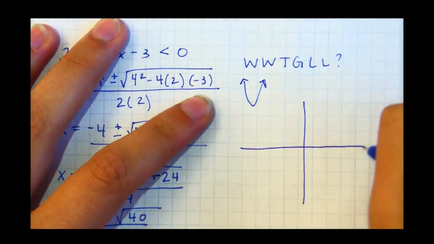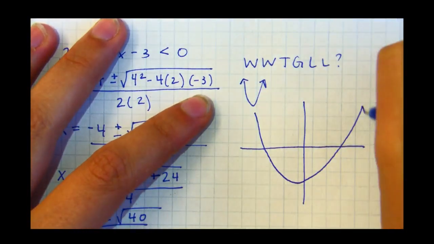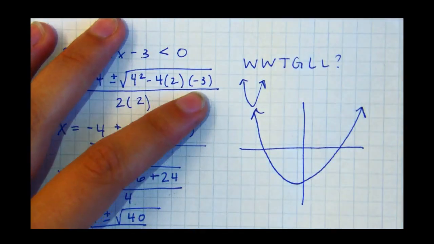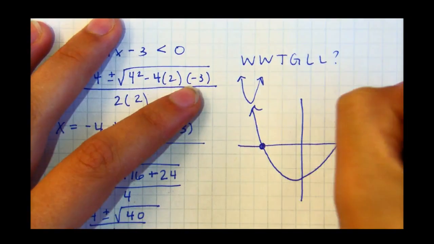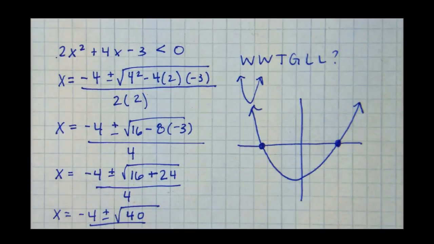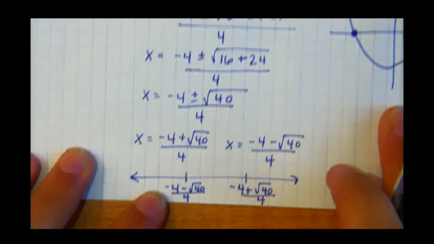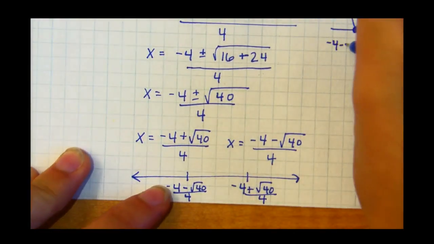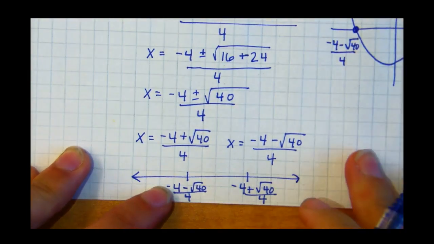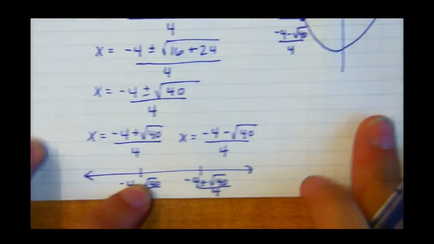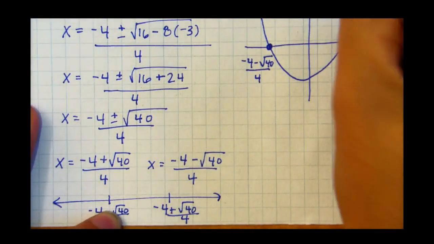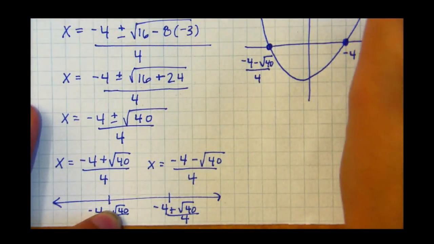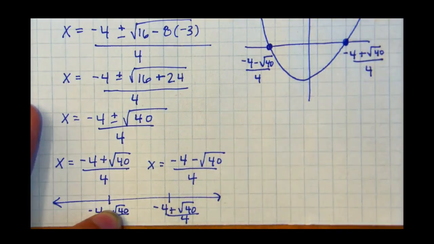So I'm going to go ahead and just draw a sketch. Here's my upward facing parabola with two real roots. So the smaller root, the one more to the left, is going to be this -4 minus root 40 over 4. And my larger root is going to be this -4 plus root 40 over 4.